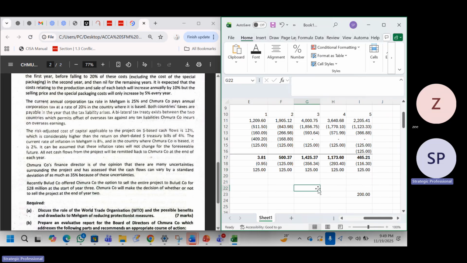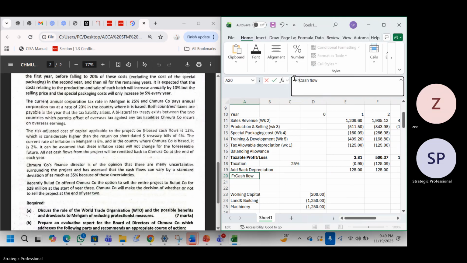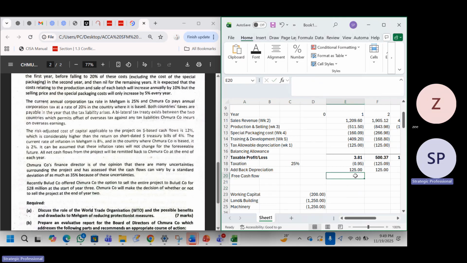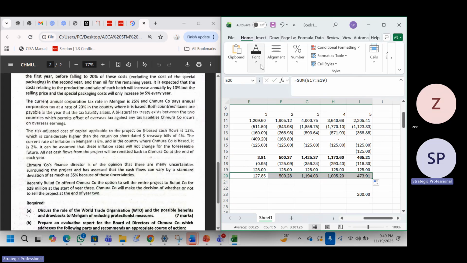What next do I need to do? I can now get my cash flow, right? My free cash flow. So what's my free cash flow? It's the addition of everything, right? So I come here, the three of them. I bring it, and I bold it.